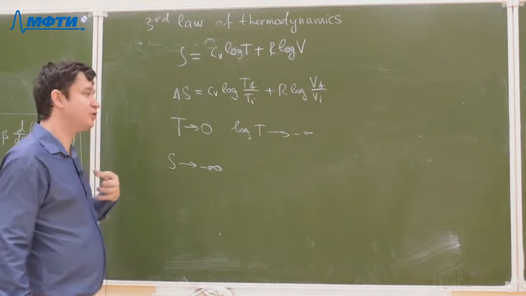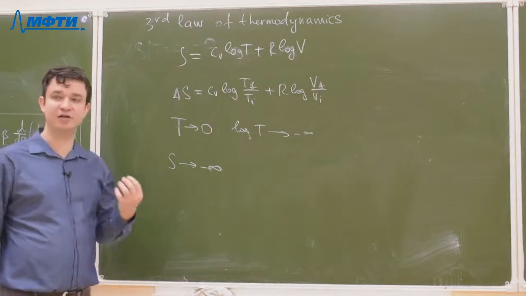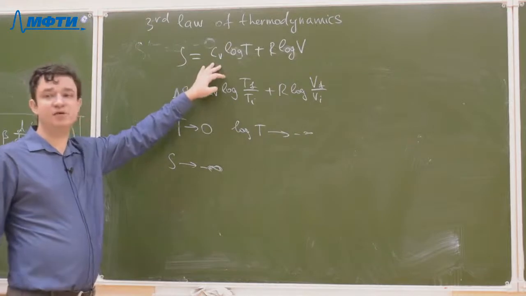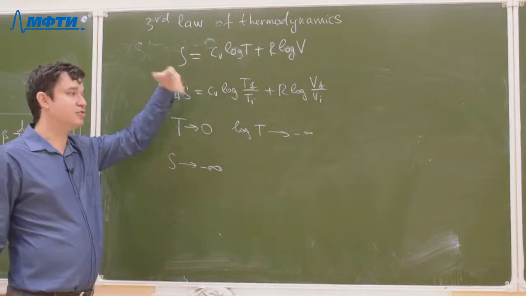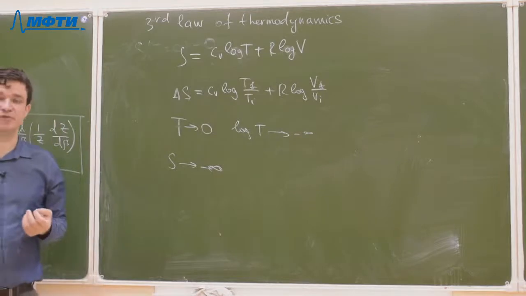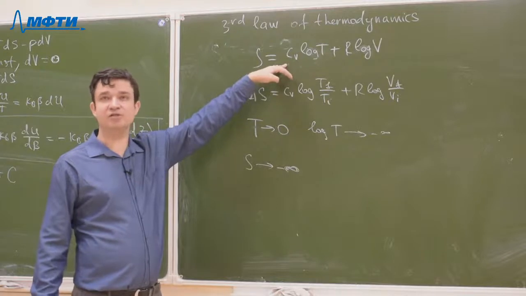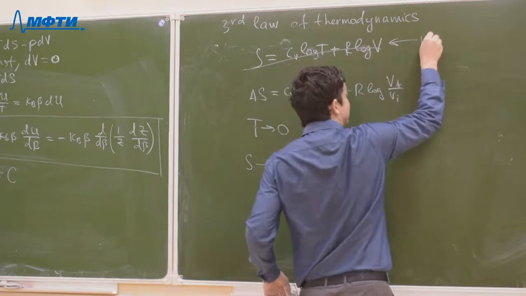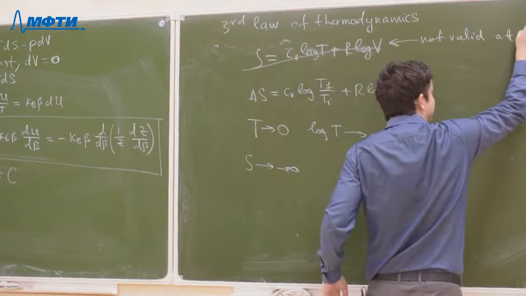But according to the third law of thermodynamics, when temperature approaches 0, entropy should be a finite quantity. That means that this expression becomes invalid when the temperature of gas is cooled down to very low levels. So when you approach 0 temperature, something happens with the ideal gas so that this expression is no longer valid. So this is not valid at T approaching 0.